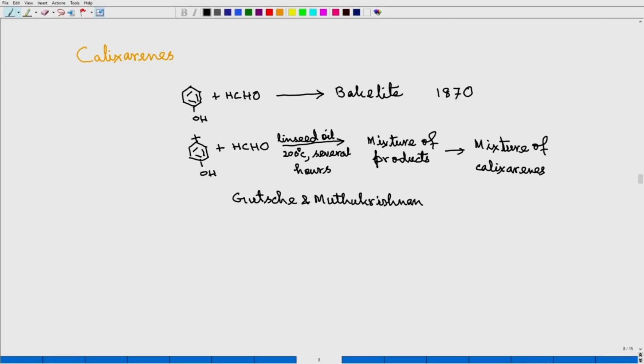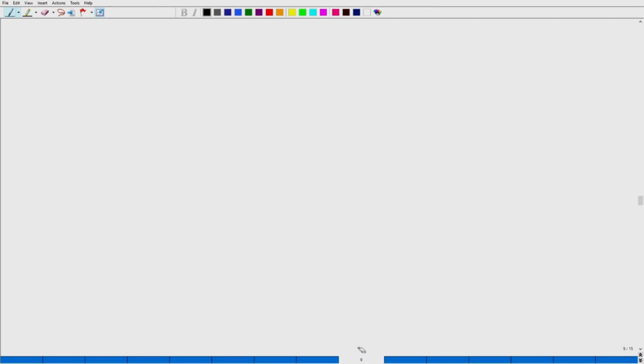So, let me write the structure of calix 4 arene. I am writing, you have to give me some time because it is quite difficult to draw this structure.